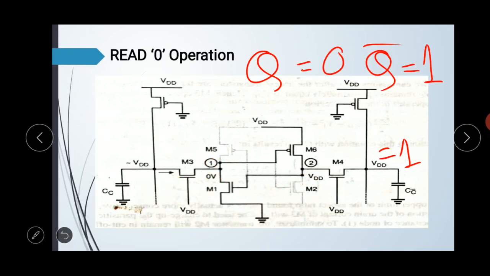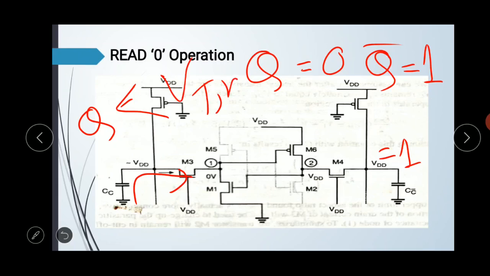Remember that when it starts to discharge, the Q value never exceeds, always stays less than VTN, the threshold voltage of M2.